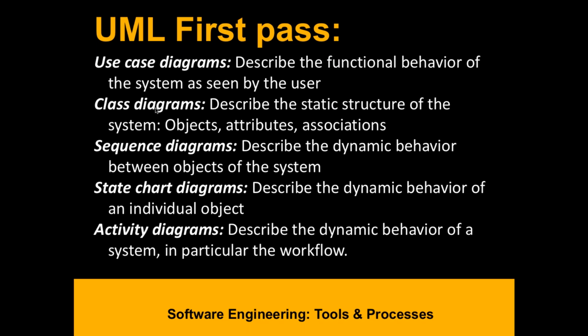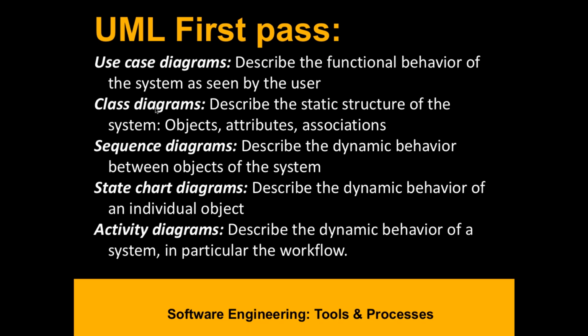Sequence diagrams basically describe dynamic behavior between different objects in the system. A state chart models the dynamic behavior of an individual object. So we take one particular object and think of the different states that it can be in, and what kind of stimuli or triggers cause it to change from one state to another.